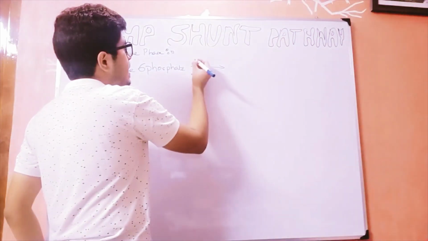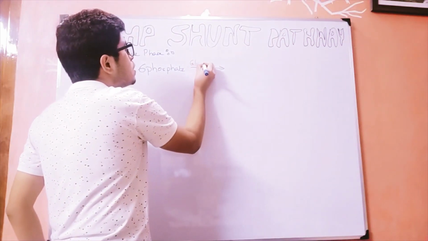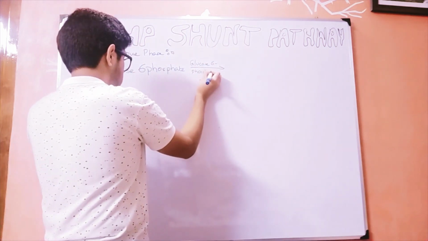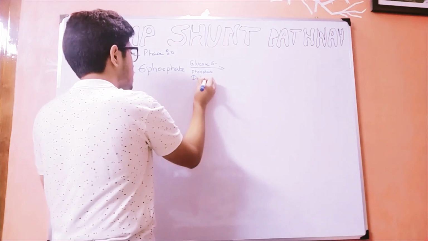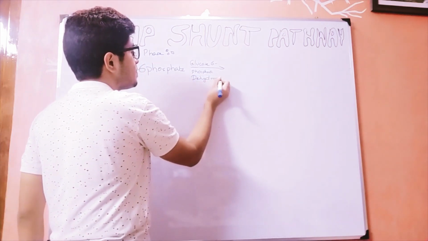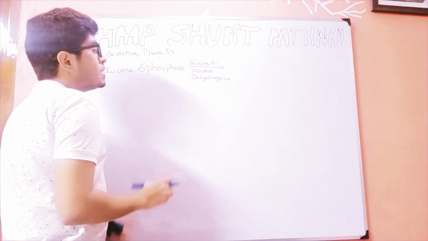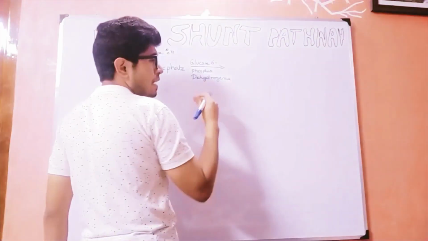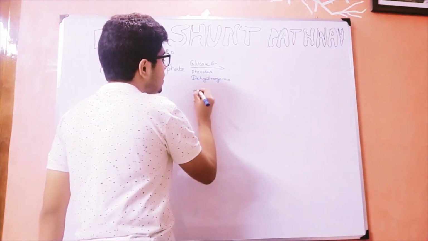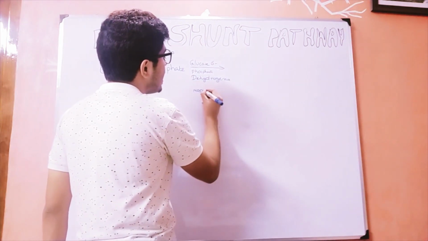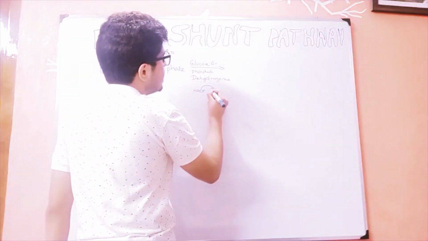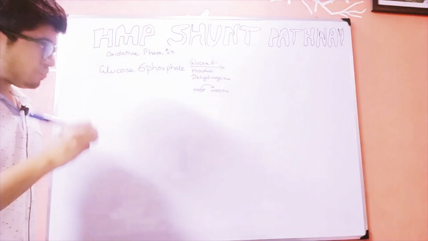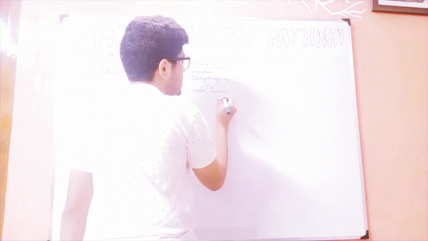Glucose 6-phosphate is acted upon by glucose 6-phosphate dehydrogenase. As we all know, a dehydrogenase will give rise to some reducing factors. So here we get one NADP molecule getting converted to one molecule of NADPH plus H plus.